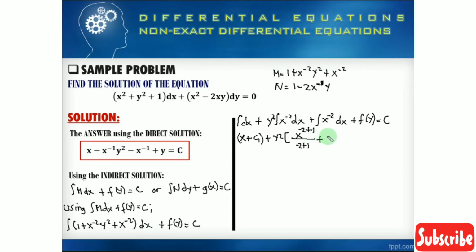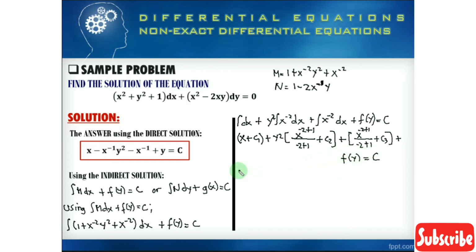So in this case we will use c2 as our constant. And then the third term is the same x raised to the negative 2 dx. So this is equal to x to the negative 2 plus 1 over negative 2 plus 1 plus c3, okay. And then plus f function of y is equal to the constant c, okay.